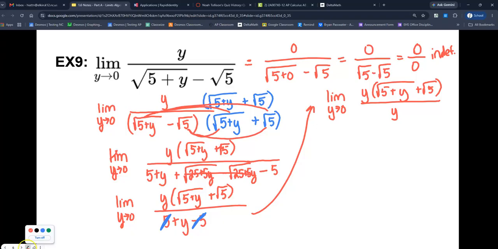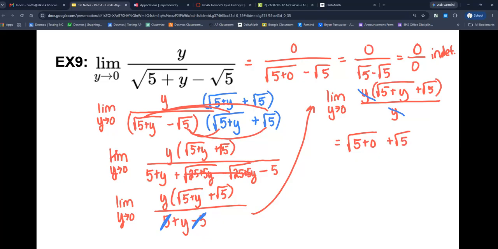Y's can cancel out. This time, I don't really have to put a 1 on the bottom. You can if you want to, but you don't have to put the 1 on the bottom. And so now you can just go straight into direct substitution now that the y's are gone. So you're going to have the square root of 5 plus 0 plus the square root of 5.